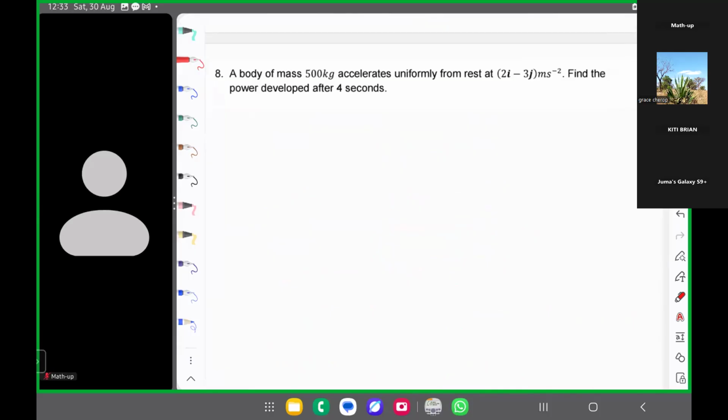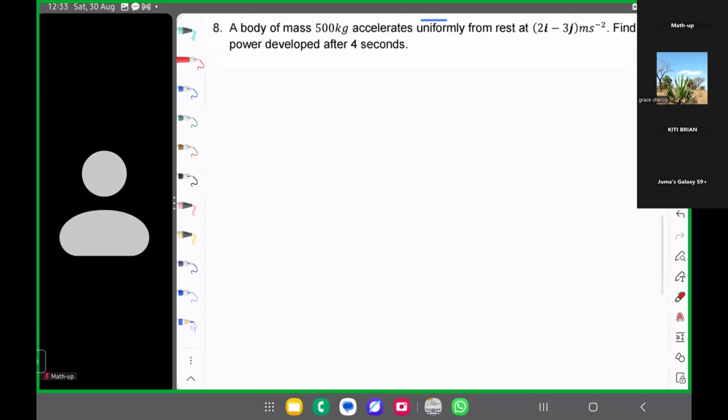They tell us that a body of mass 500 kilograms accelerates uniformly from rest at 2i minus 3j meters per square second. Let's find the power developed after 4 seconds. So we have been given the mass as 500 kilograms.